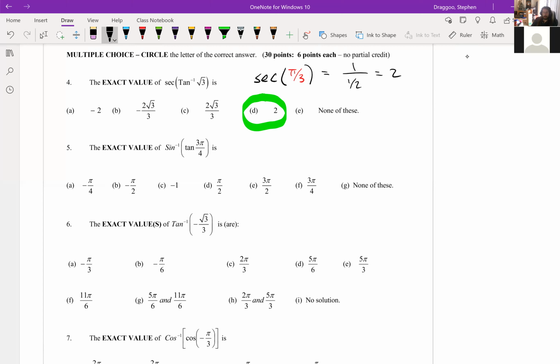All right. Problem 5, we want the arc sine of tangent of 3 pi over 4. So this is the sine inverse of, let me just go make sure I'm color coding this right. Yeah, this is the sine inverse of -1.